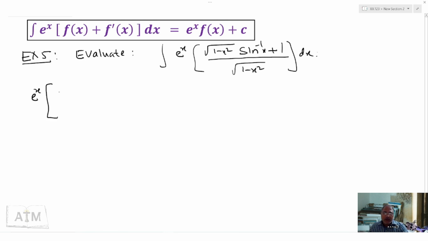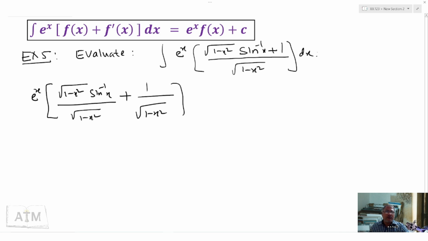So here, splitting the fraction: you might know that a plus b upon c is equal to a upon c plus b upon c. So I applied just that formula.